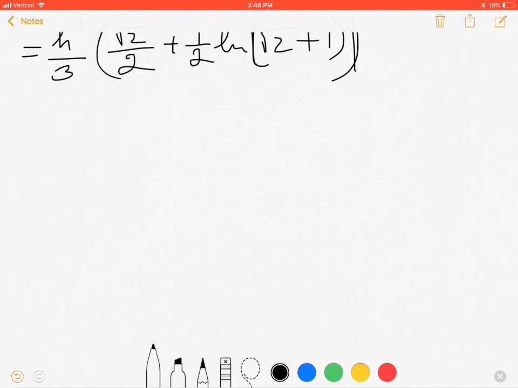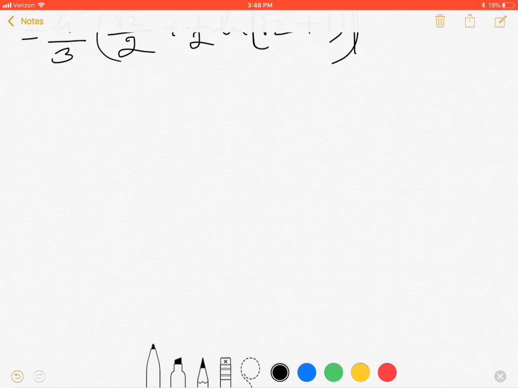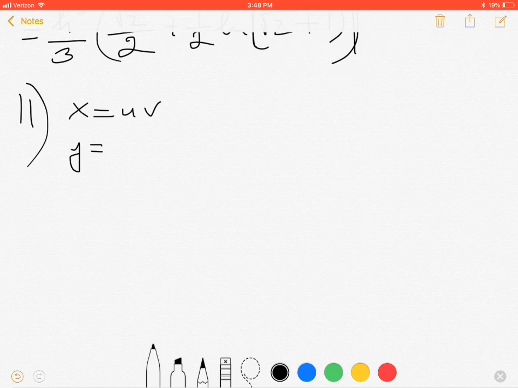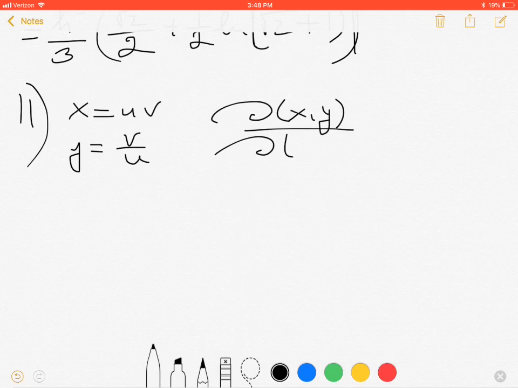Okay. Question number 11. It's a very simple question. Here we need to find the Jacobian if x is uv and y is v over u, and for the Jacobian we need to find d(x,y) over d(u,v).